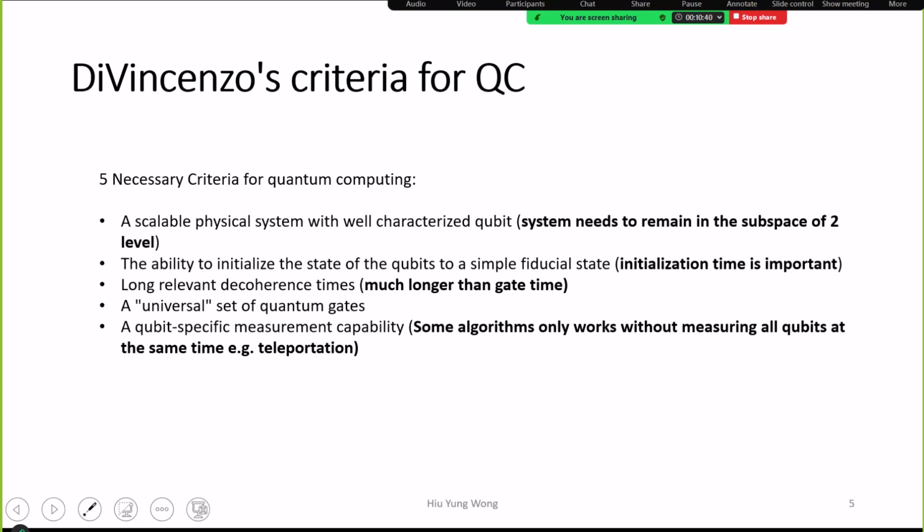How about for superconducting qubit? What did we do in order to get a two-level system? You probably need to recall. What's the latest one that we just learned?